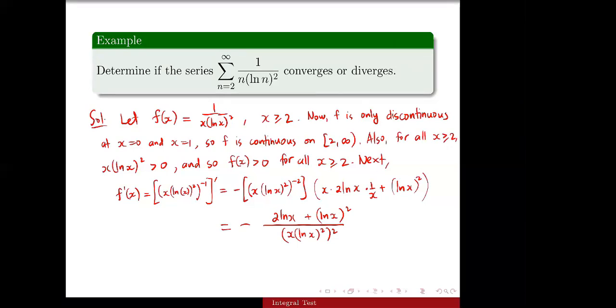The denominator is being squared, but we have a negative here. This will be less than 0 for all x greater than or equal to 2. So f is decreasing on the interval 2 to plus infinity.